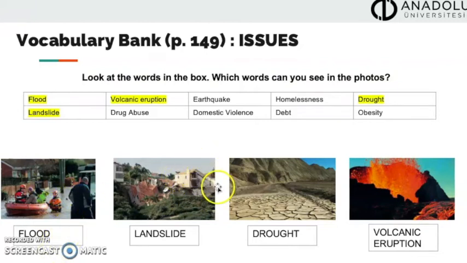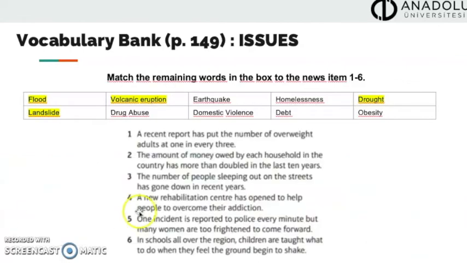In the second picture we see a landslide. In the third picture we see drought. And in the last one we see a volcanic eruption. Now we have some more remaining words in the box. This time I want you to read 6 more news stories and match them to the correct word. You may pause your video for a while here again and match the sentences with the words.